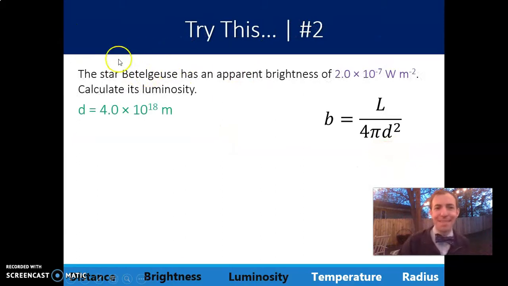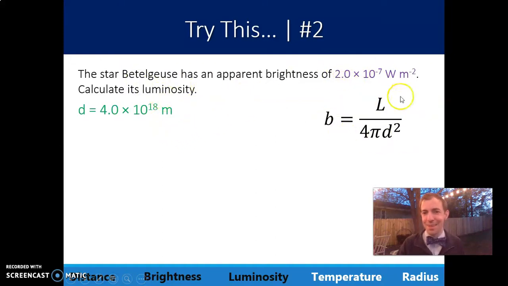If I want to come back to this Betelgeuse example, the star Betelgeuse has an apparent brightness of 2 times 10 to the negative 7th watts per square meter. This is a measurement that can be taken using instrumentation here on Earth. Basically, how bright in watts per square meter is the light from that particular star. Using the distance that we calculated in the last example, we can actually calculate what the luminosity of Betelgeuse is going to be.